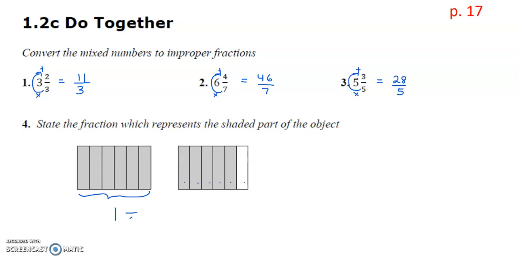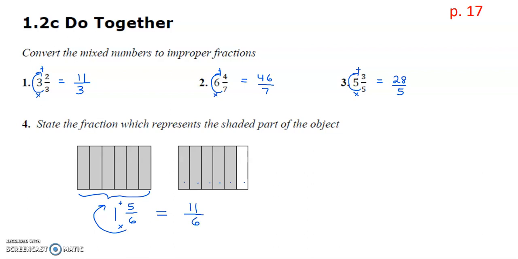It's divided into 6 pieces. 5 of them are shaded. 1 5/6 is our mixed number, but what if we wanted to make this into an improper fraction? If we wanted to make this to an improper fraction, we would use our C method. 6 times 1 is 6, plus 5 is 11, over 6.